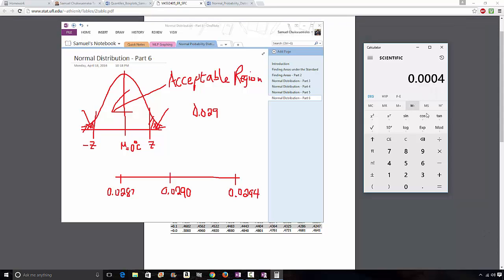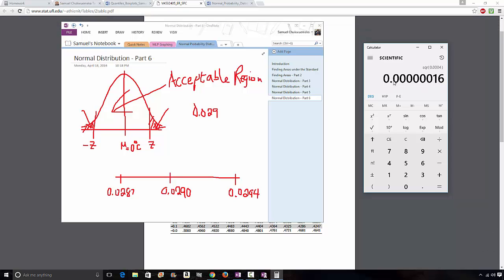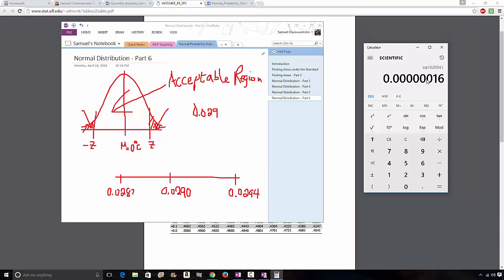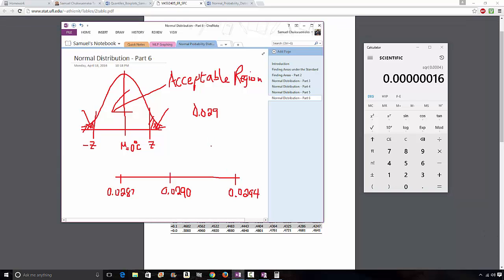That gives me this, okay? And if I square this, this is not equidistant at all. This one gives me 1.6 times 10 to the power negative 7.